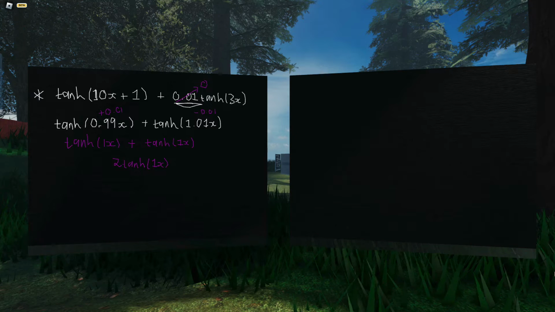Maybe one more example. I'll just enumerate these examples here. I want to show you that you can eliminate both of the units with something like this.